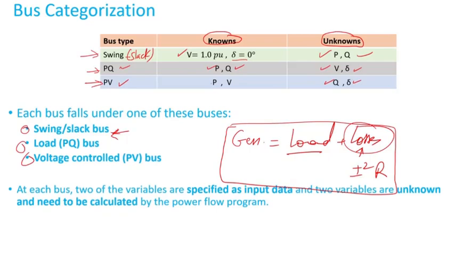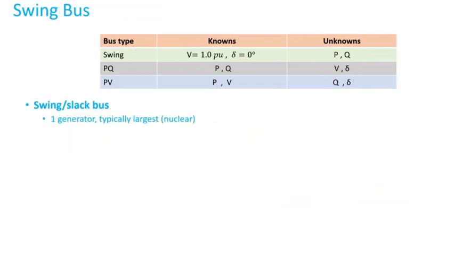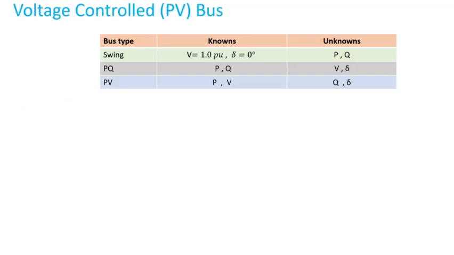At each bus, two of the variables are specified as input data, given or known, and two of those variables are not known, so they need to be calculated by the power flow program. The swing bus or slack bus is one generator, typically the largest, and it might be a nuclear plant or generator. Then load PQ.